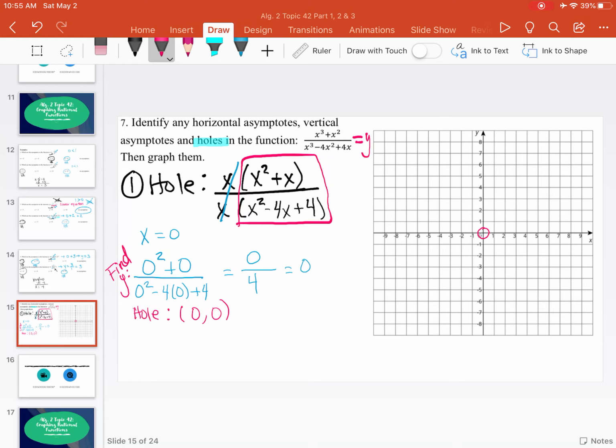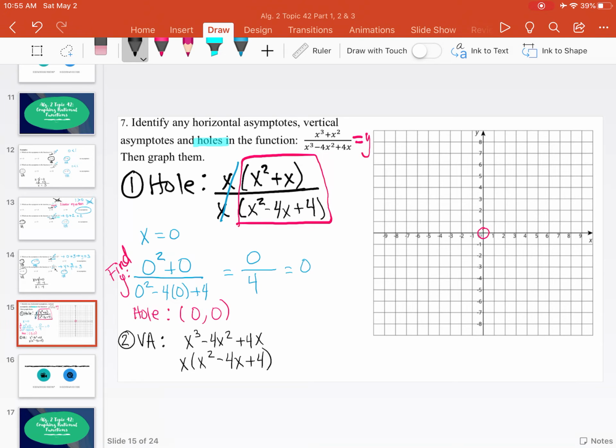Now what I like to do is look at the vertical asymptote. With the vertical asymptote, remember, I only need to look at the denominator. So I have x cubed minus 4x squared plus 4x, and I'm going to factor it. I've known from part 1 of this problem that I can factor an x, and I'm left with x squared minus 4x plus 4.